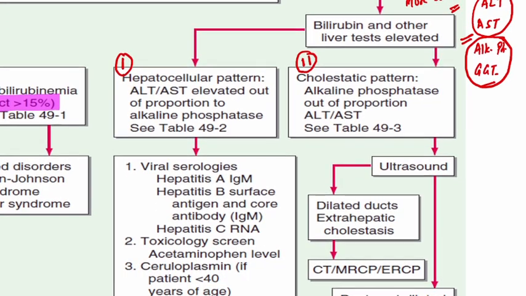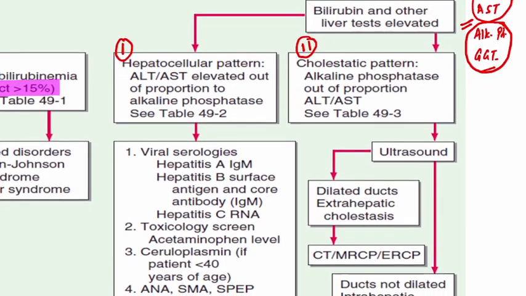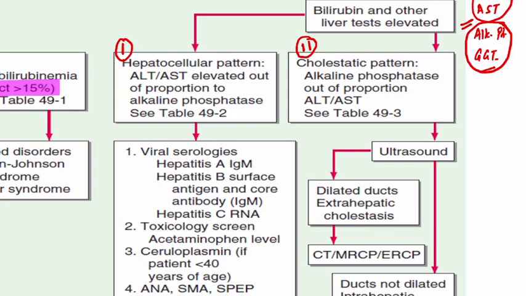First is the hepatocellular pattern, second is the cholestatic pattern, right? First of all, we will have a quick look at the algorithm, and then I will come on to the whiteboard to make you understand what are the different causes of different patterns of liver injury. Hepatocellular pattern, how will you say it is hepatocellular pattern? It means AST, ALT are elevated more as compared to alkaline phosphatase.